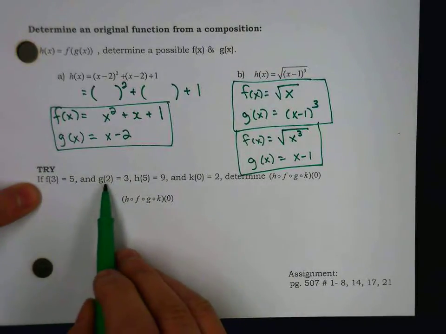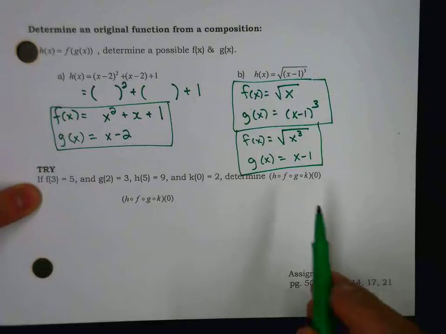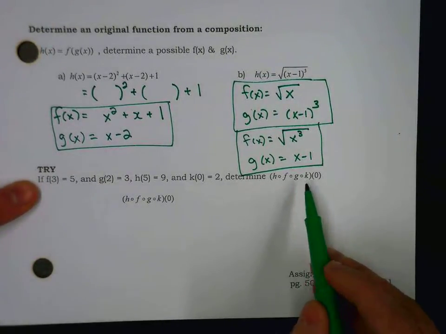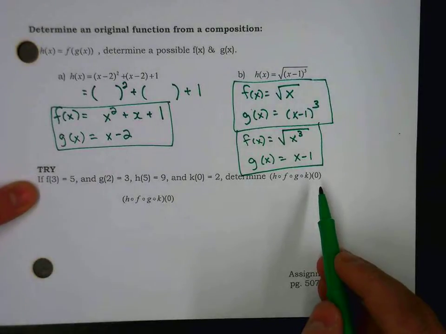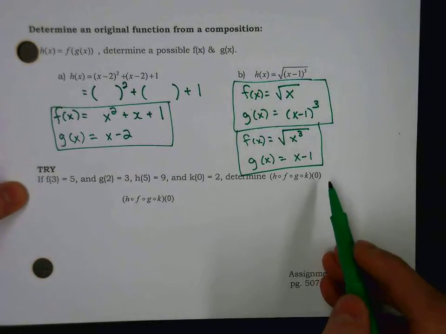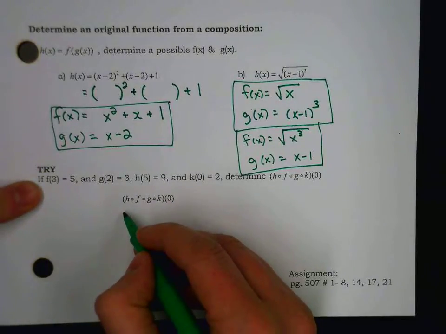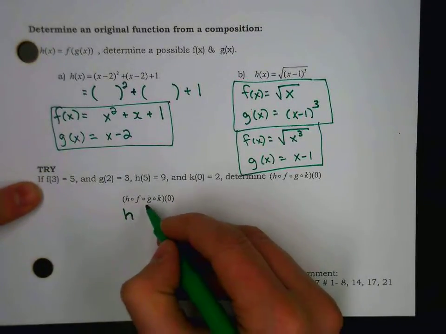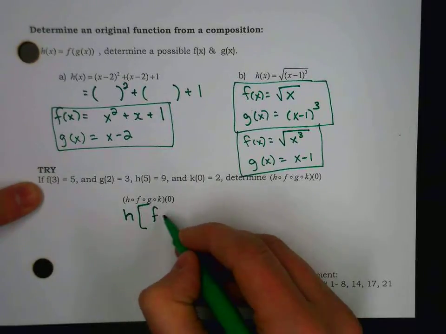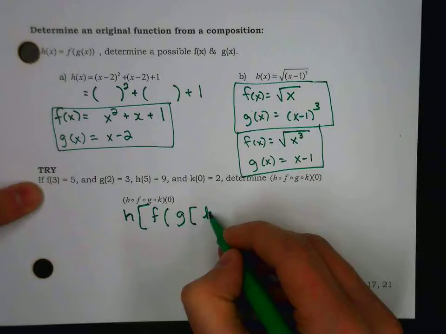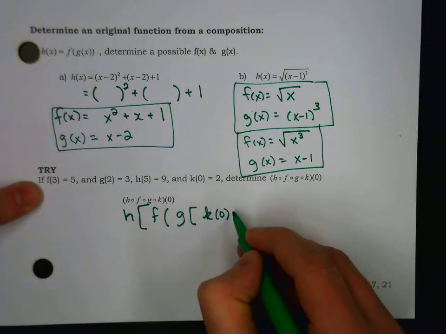F of 3 is 5, g of 2 is 3, and so on. And the question is, determine h of f of g of k of 0. It sounds like this is going to be an exhaustive question, but it actually works out to be perfectly stated. Rewriting this in its more helpful form, we can say h of f of g of k of 0.